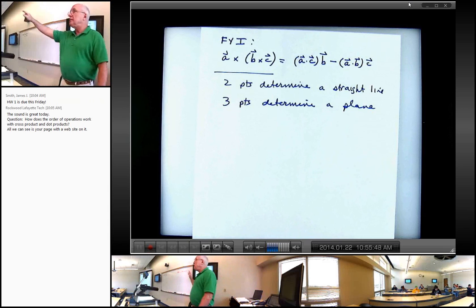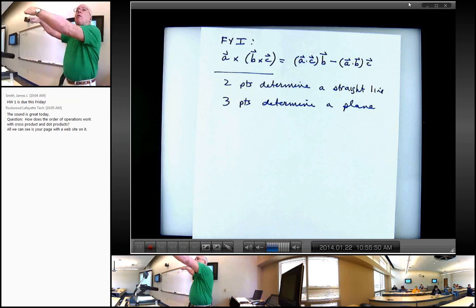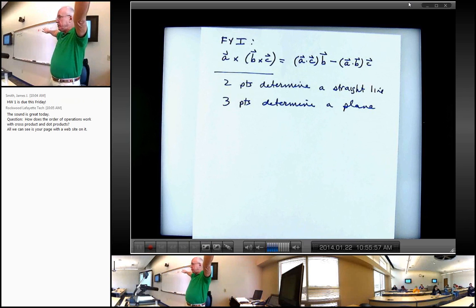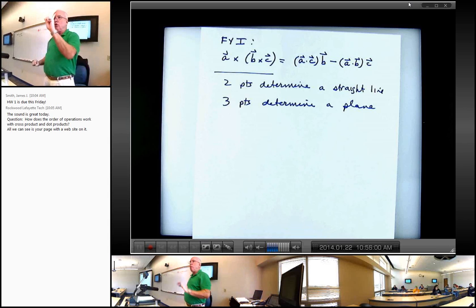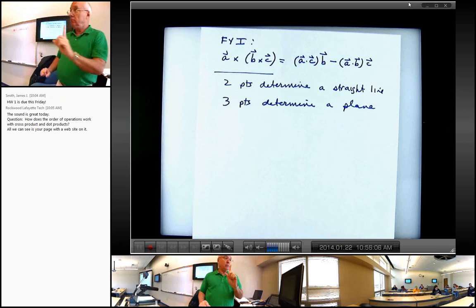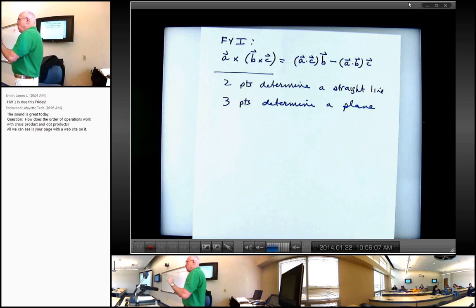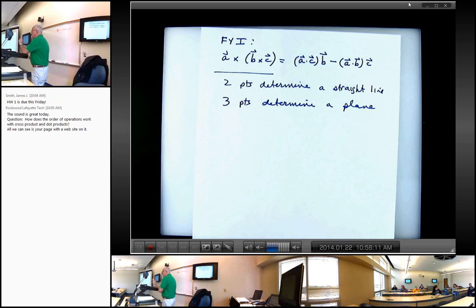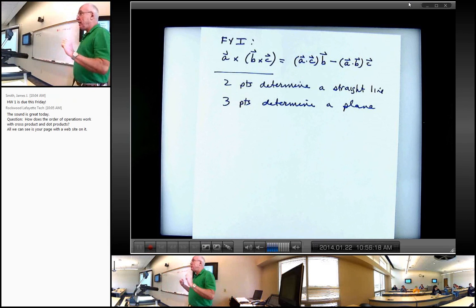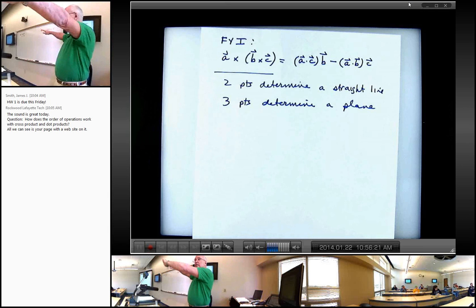Those 3 points, if we connect them with a triangle, we can then extend that triangle out infinitely into space, and these 3 points determine one single plane. All right? Does that make sense? We have to have 3 of them. 2 isn't enough. 4 can be too many. But 3 is just right. That's a Goldilocks tale, all right? 3 is just fine. They form a triangle in space, and we can extend that triangle out.